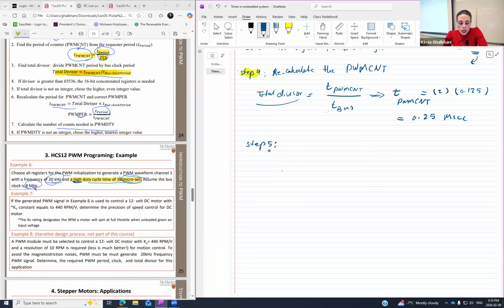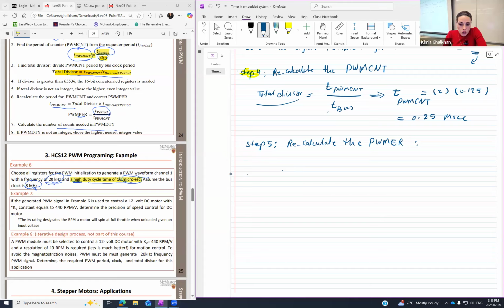Step 5 is going to be recalculate the PWMER, in order to find from what point I'm going to have that 0.196, right? So I have to recalculate right in here.